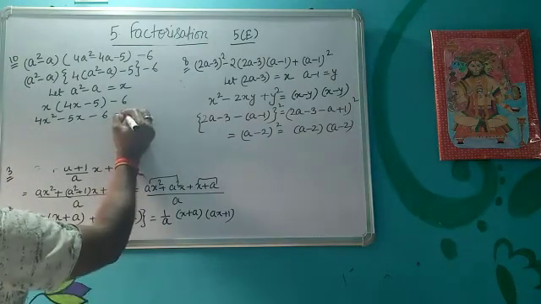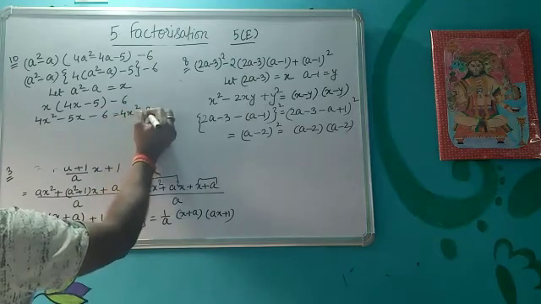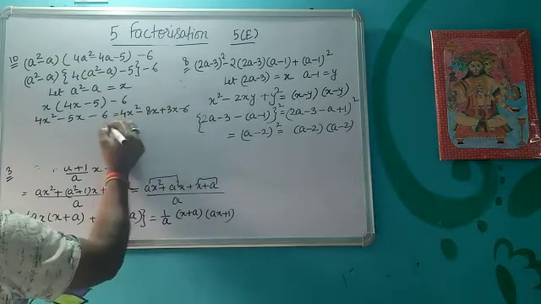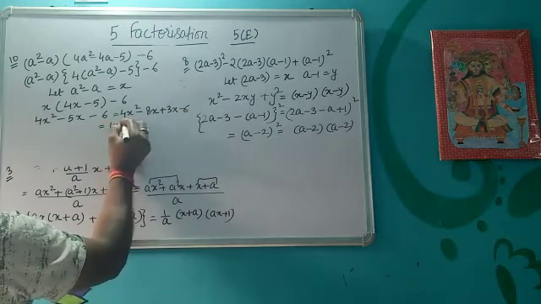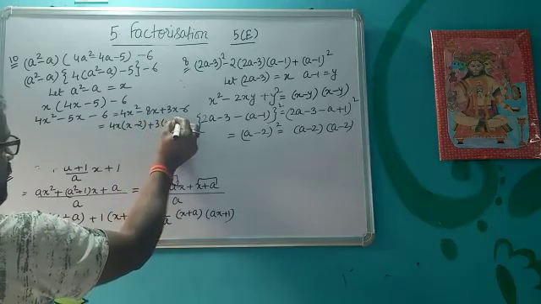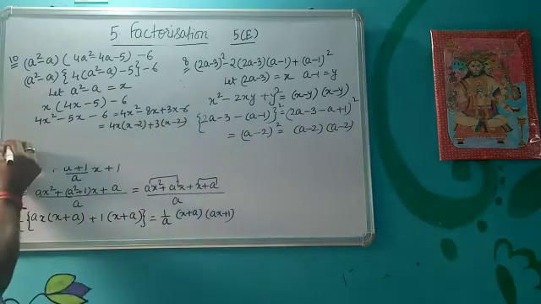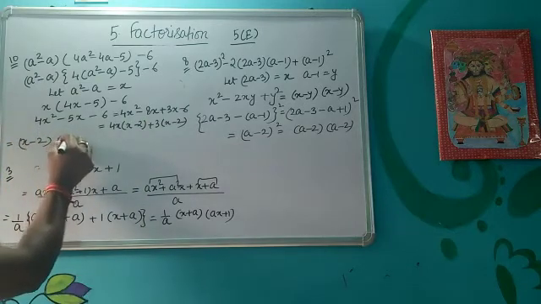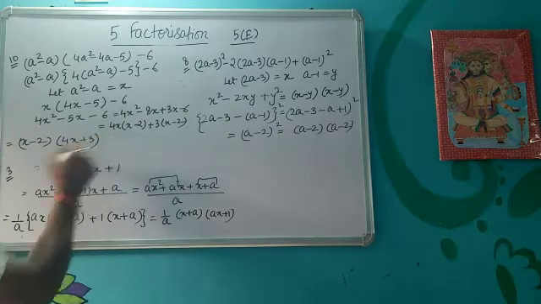Now when you do the middle term, it will be minus 8x plus 3x minus 6. From here I will take 4x common, x minus 2 plus 3 into x minus 2. So it will be like x minus 2 into 4x plus 3.